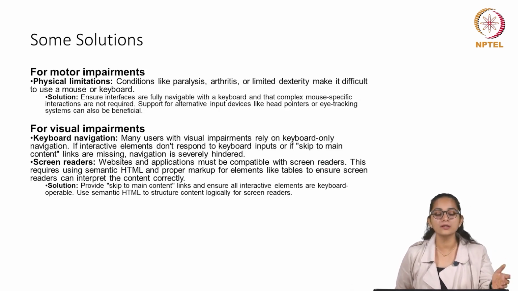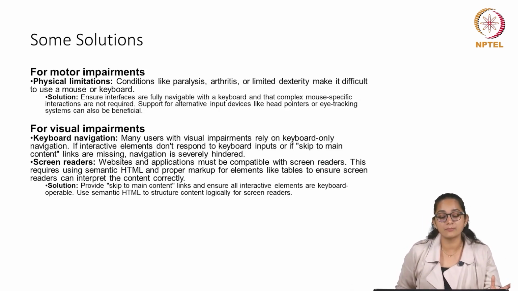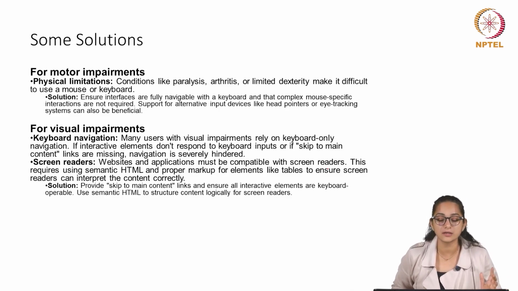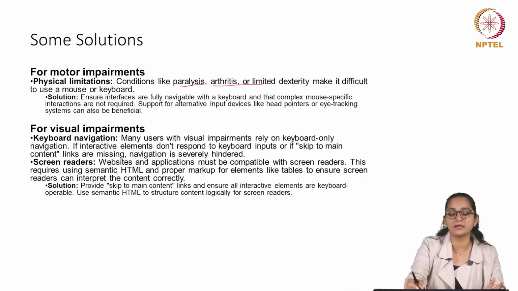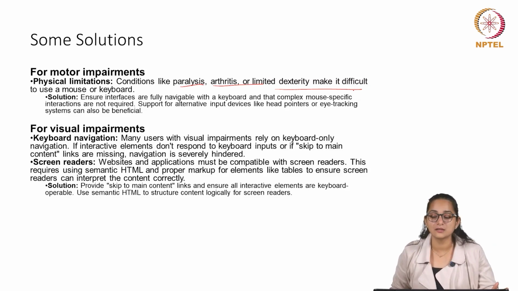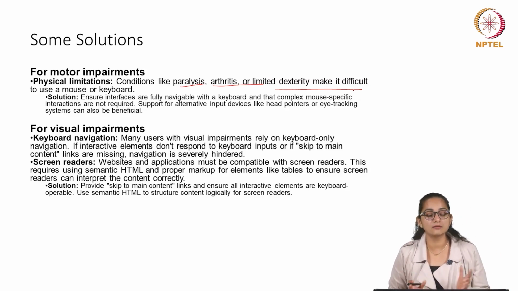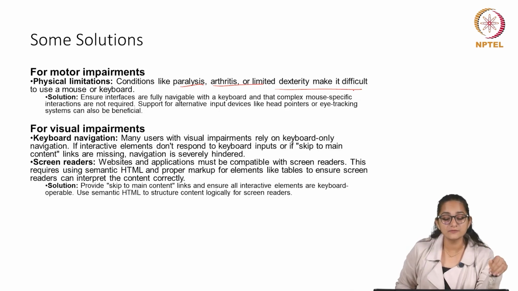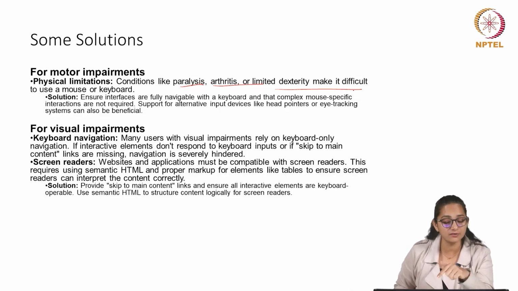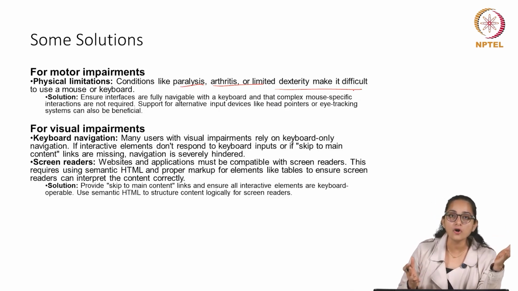For motor impairments, physical limitations and conditions like paralysis, arthritis, and limited dexterity make it difficult to use a mouse and a keyboard, and the solutions can be to ensure that interfaces are fully navigable with the keyboard and that complex mouse specific interactions are not required.